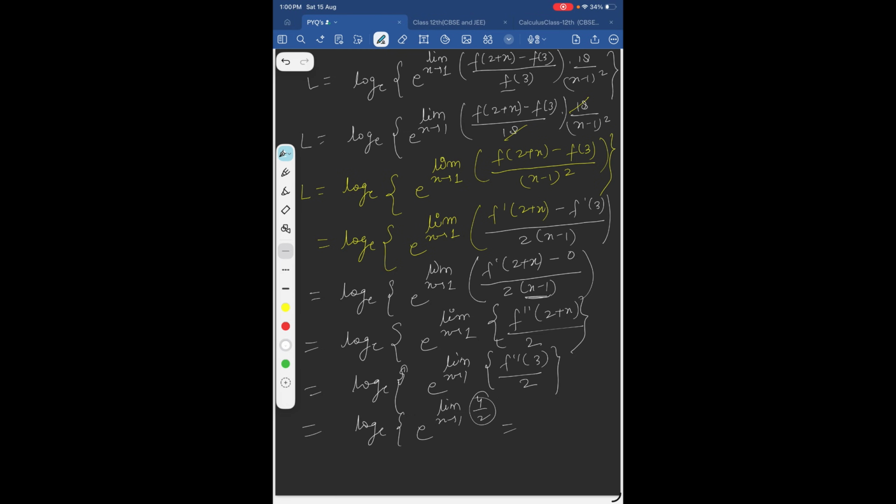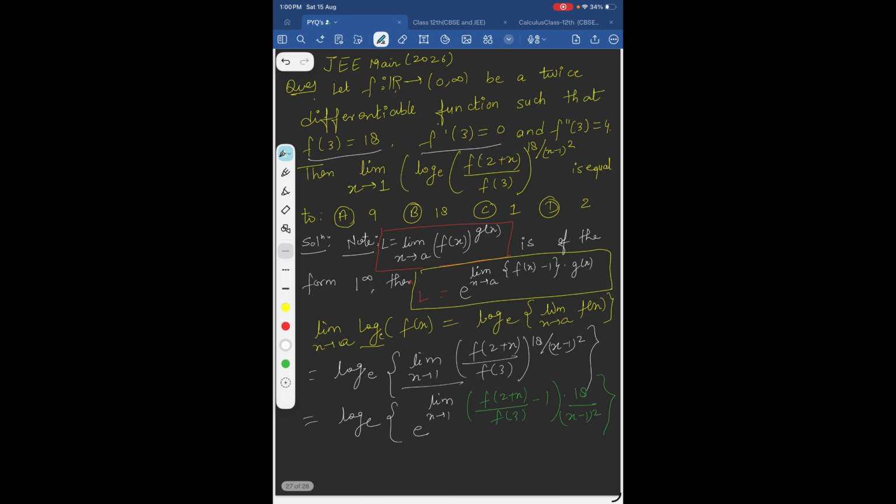So this is equal to log base e square, and we know log and e cancel out, being inverse of each other, so the answer is 2. Got it? The answer is 2, which means option D is correct. Thank you.